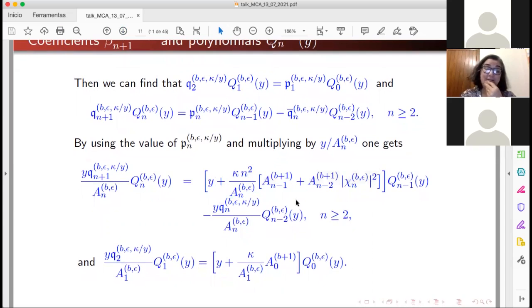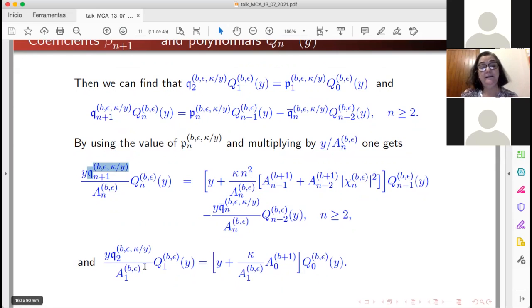So we see that we have a polynomial in Y. See? Here, remember, Y times Q does not depend on Y, because in Q we have Y in the denominator. So we have here the three-term recurrence relation.